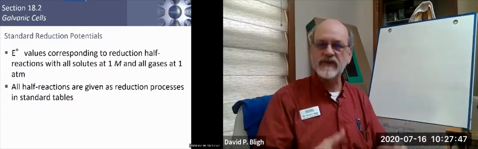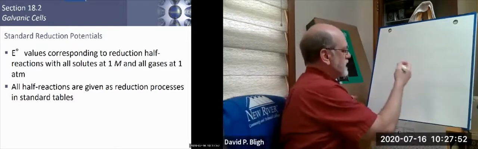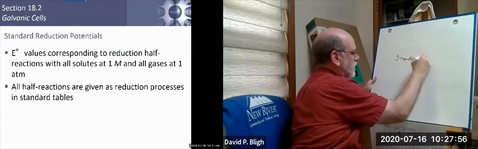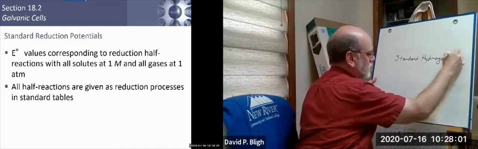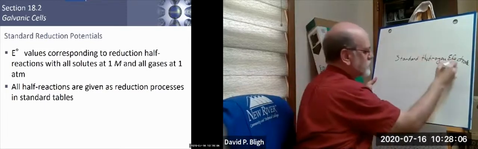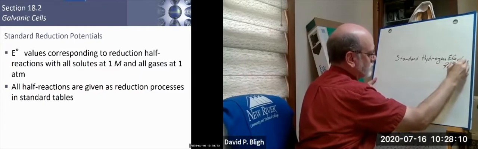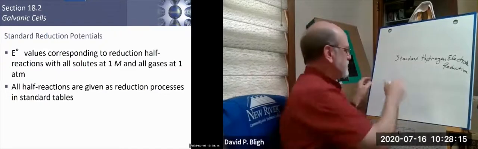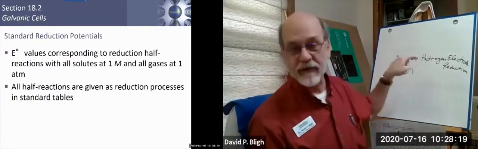So they came up with a standard reference, which turns out to be the standard hydrogen electrode, or standard hydrogen reduction. Okay, that becomes 0 volts for that half reaction.